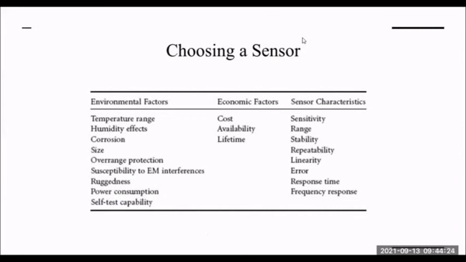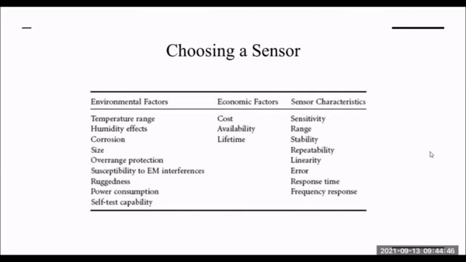For environmental factors, temperature range, humidity effects, corrosion, size, overage protection, stability to electromagnetic influences, ruggedness, power consumption, self-test. Economic factors, we have cost, availability, and lifetime. Sensor characteristics, you have sensitivity, range, stability, repeatability, linearity, error, response time, and frequency response.